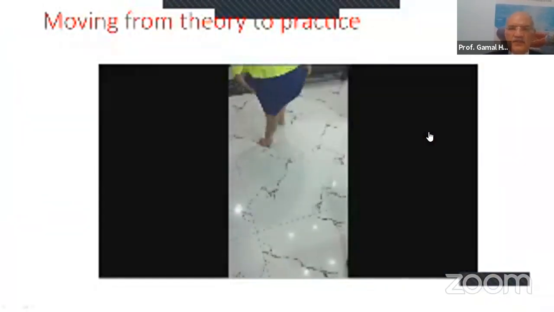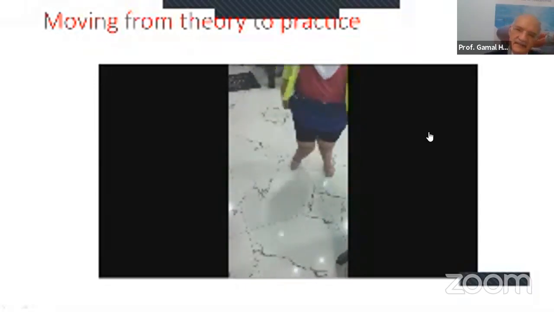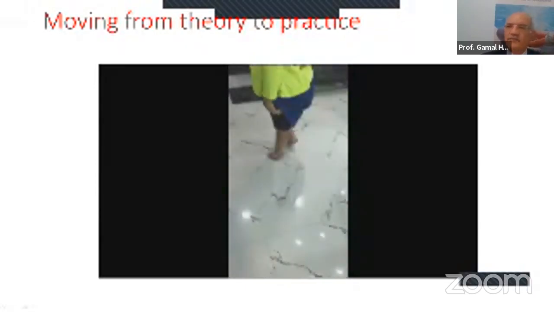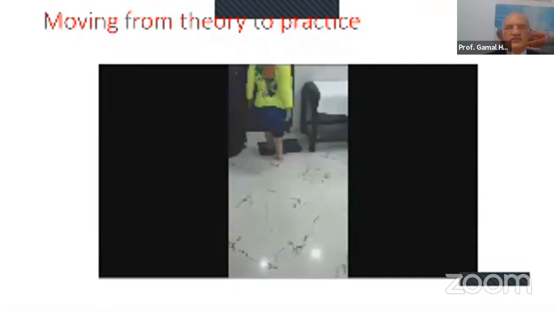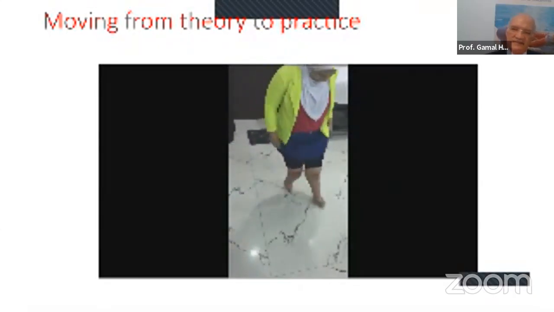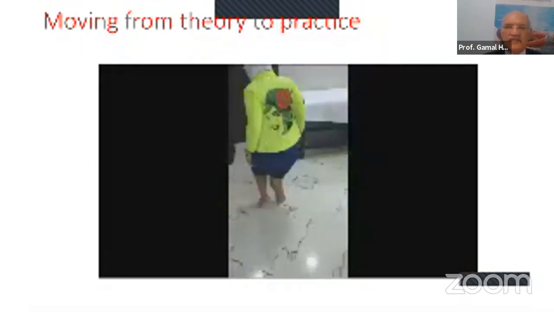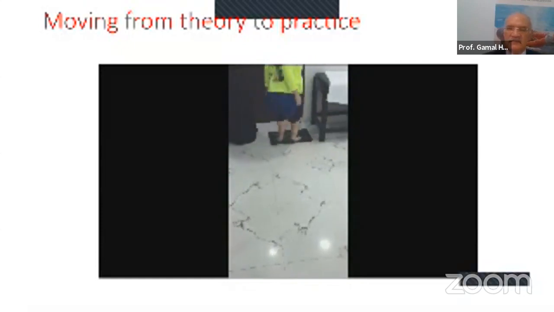But look at the way the patient walks. It's moving from hypothesis to reality. Why did they put these instructions? Why did they put these guidelines? Because their experience is very limited. The number of patients they have with congenital deformities is very limited, but they have to put guidelines.